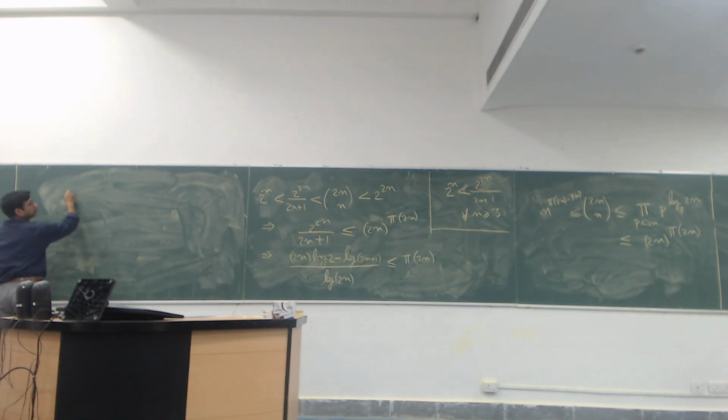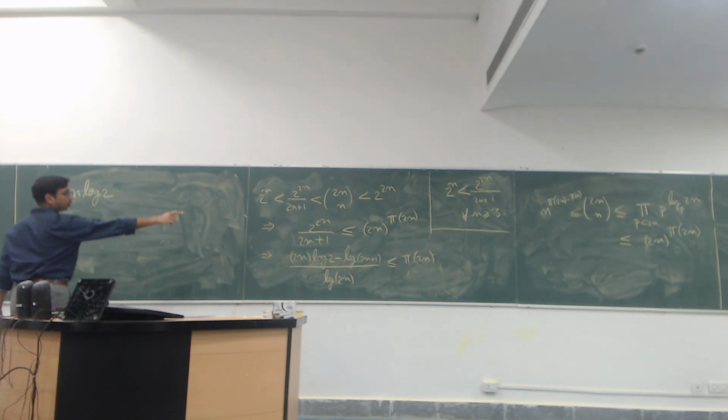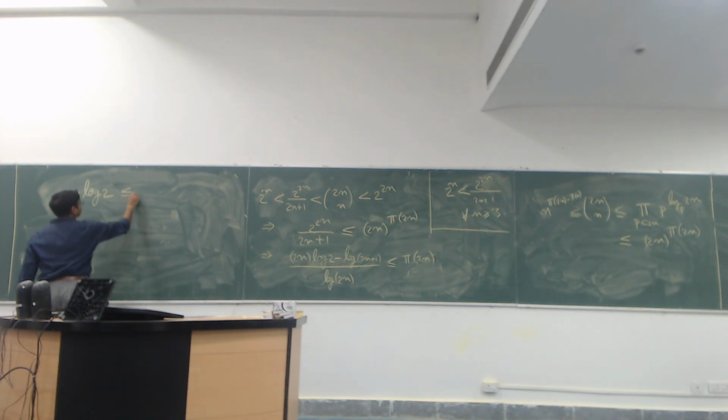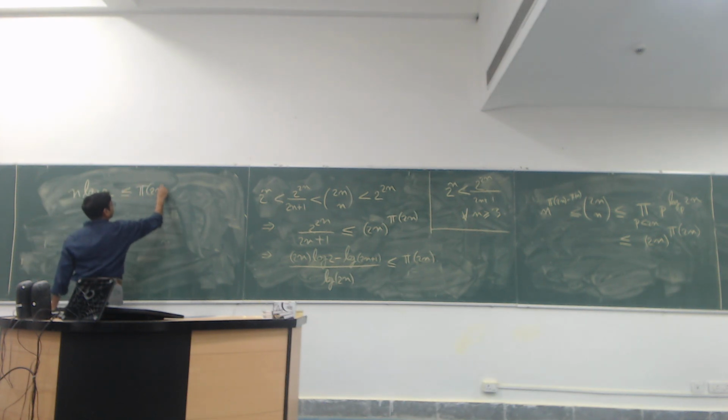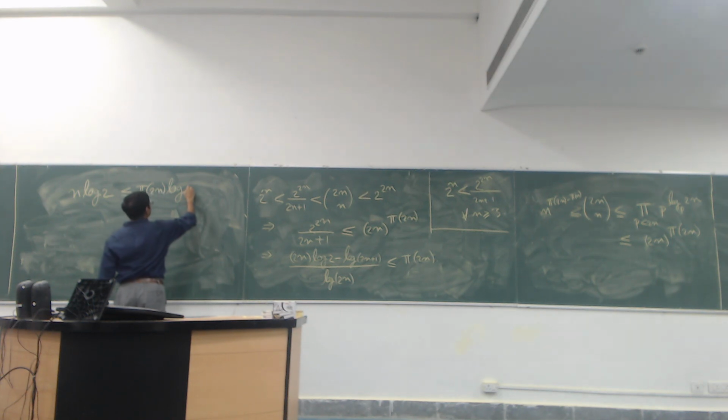So we have n log 2, which would be less than or equal to what? 2n by 2n log 2n.